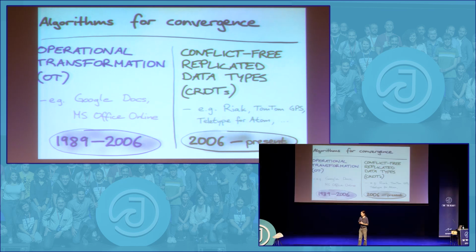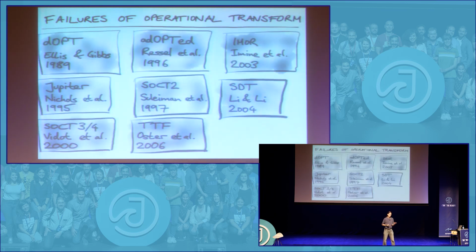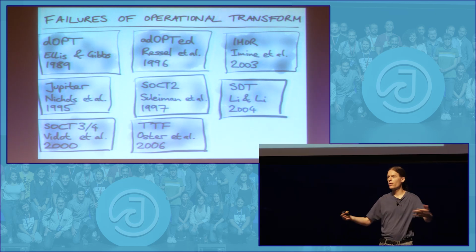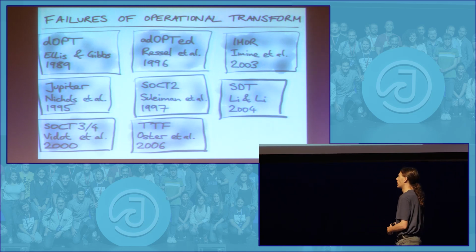But it's had a bit of a difficult history, this field of operational transformation. As I said, people started researching this in the 80s and proposed various different algorithms for doing this kind of collaborative editing, where people change their local copy and then merge their edits together automatically.